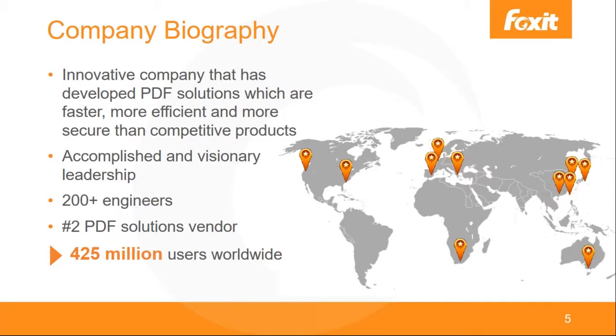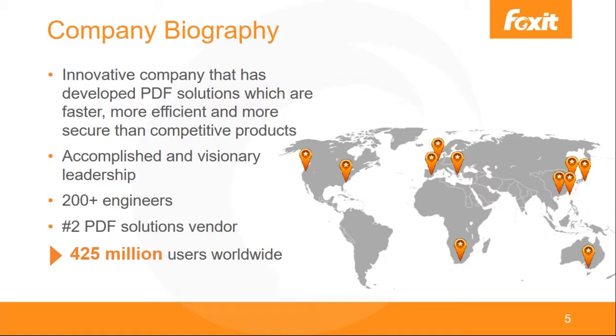And if people on the webinar have different opinions, please enter those comments and questions into the chat box. We have an accomplished and visionary leadership. Our CTO, for example, was one of the founding members of the Amazon team and has led his own companies, as have our CEO and obviously our founder.